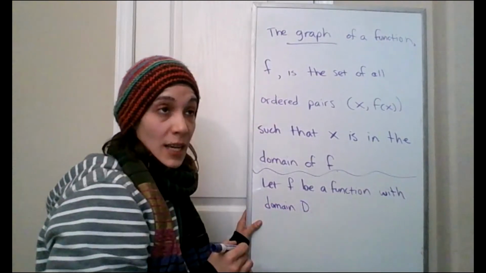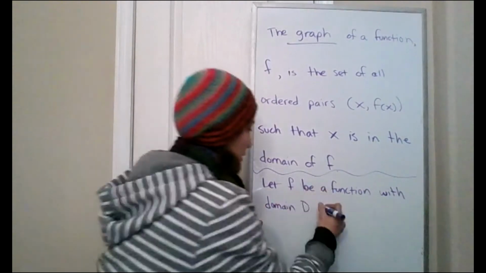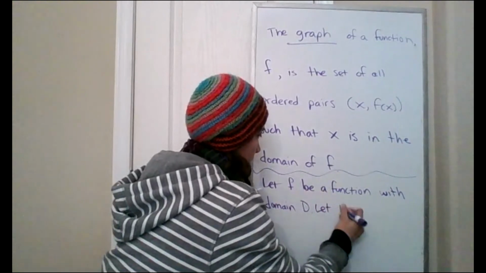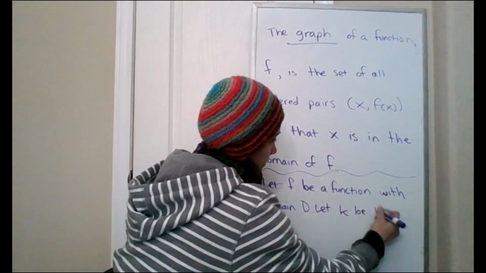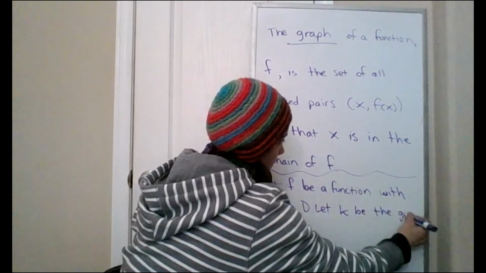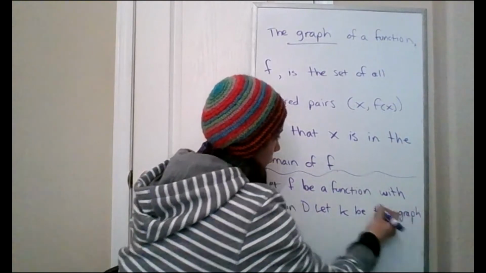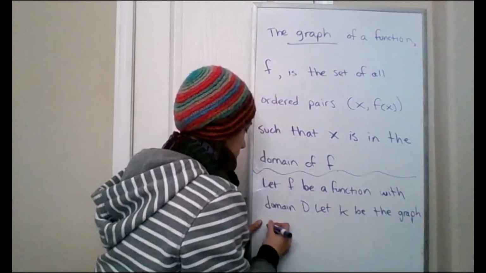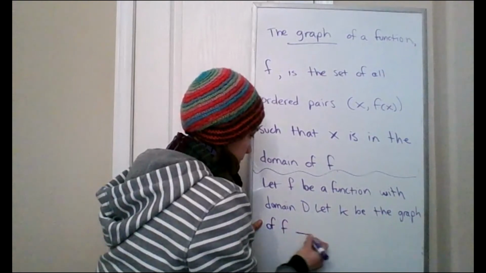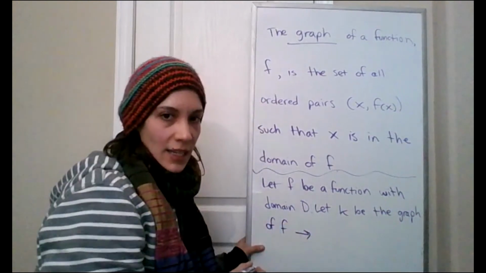All right, let K be the graph of f. Okay, then K is a set.